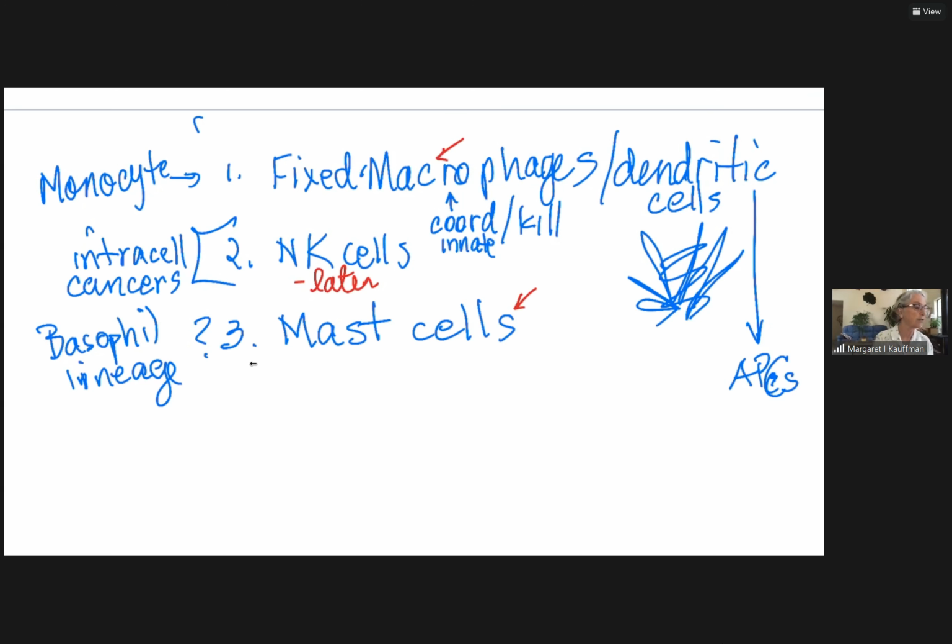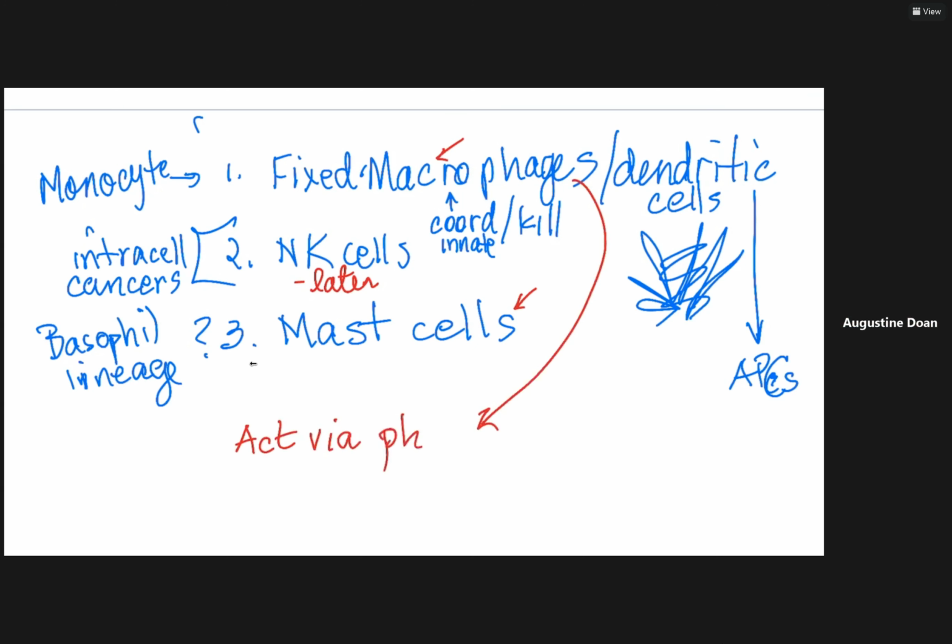Okay, so then it says state how each of these acts. So again, Augustine, what is a job of a macrophage? So maybe I'll go down here. What does it act by? I kind of told you already, by killing, but exactly how does it kill? Do you have any inkling? Is it phagocytosis? Yeah, mostly phagocytosis.